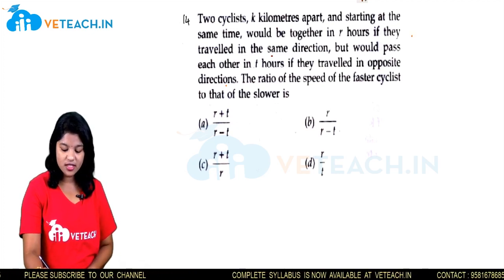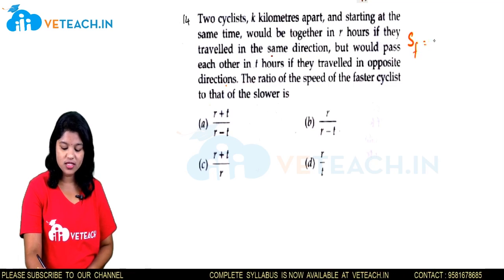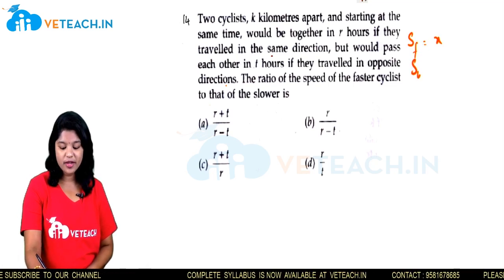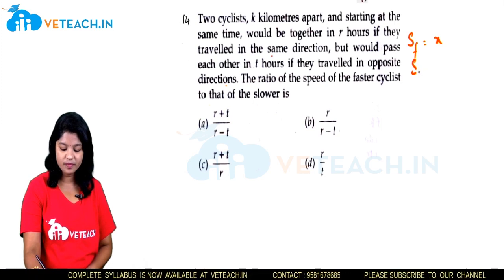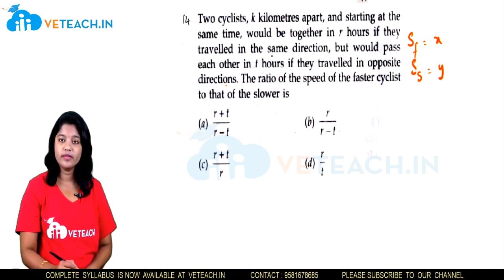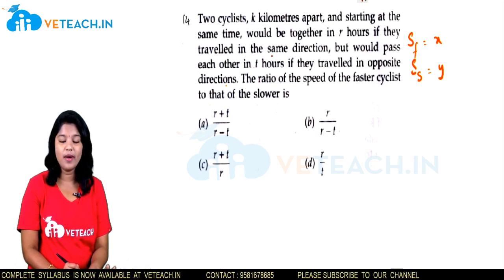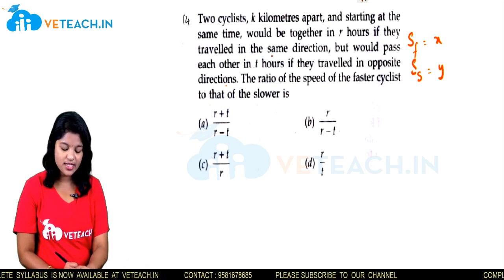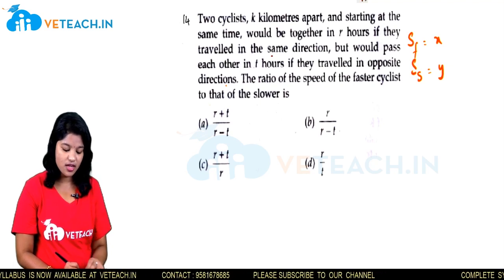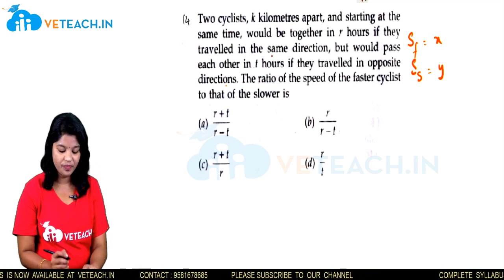So first let us assume that the speed of the fastest cyclist is x and the speed of the slowest cyclist is y. Now here they have given they are k meters apart.